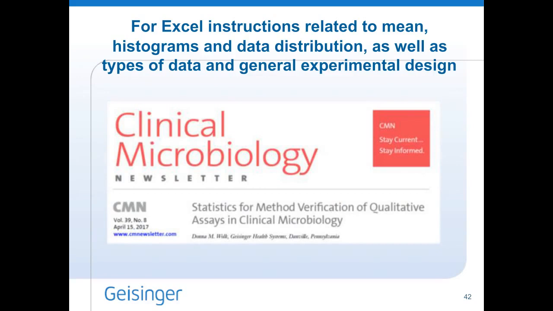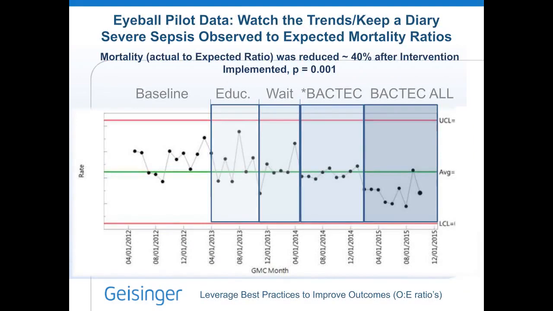Even though this is focused on method verification, it's going to also give you some insight into how to calculate your means and your medians, how to create histograms, what a data distribution is, how to choose what statistics to use dependent on your data distribution, and other things about general experimental design. So I wrote that as a reference for folks, and I hope it's helpful for you. Several people have reached out and said it's helpful, so even though it's not related to blood cultures, I'm still giving you the reference so you can start reading into that.